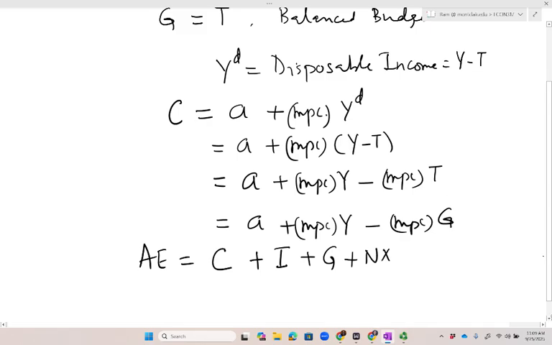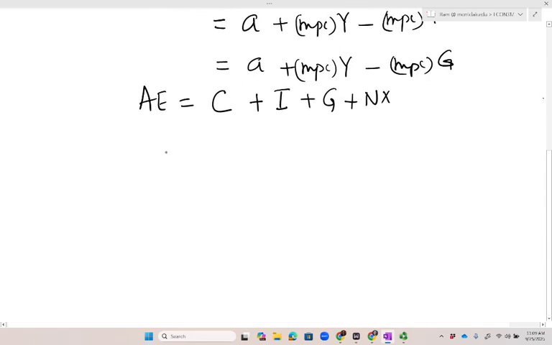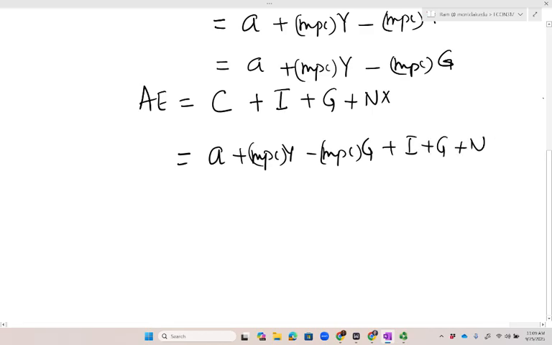So we are going to write down the household consumption A plus MPC times Y minus MPC times G plus investment plus government expenditure plus net export.